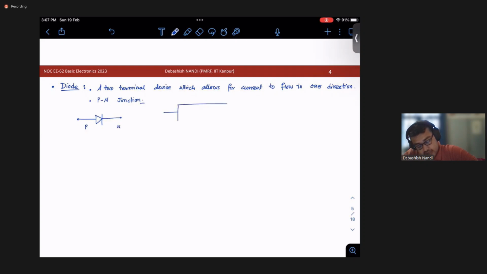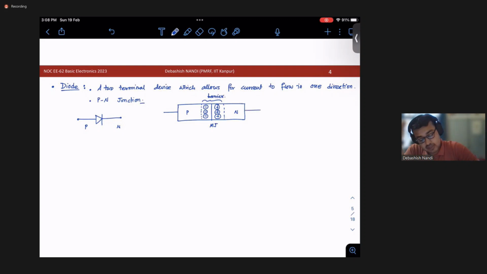This is your P side, this is your N side. And if I show you the device point of view, this is your metallic junction, this is your P side, this is your N side. In P side you will have acceptor ions and in N side you will have donor ions, right? This is called a barrier, or you may also refer to it as a depletion region.